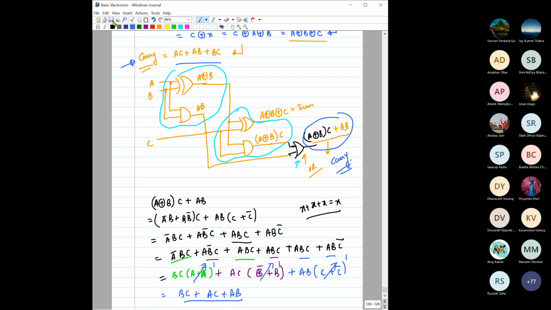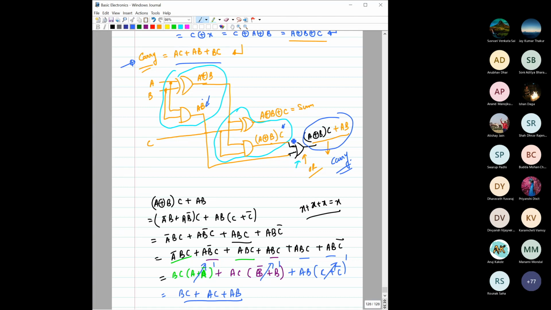Sir, can we add the two carries by using the half adder instead of using OR? Which two carries? Like you are saying this is one carry and this is the other carry, these two? Yes, sir. The two ANDs which you have done after that, if we use a half adder instead of OR.